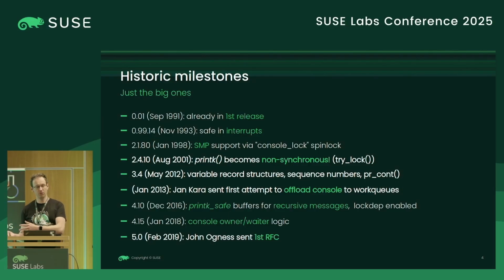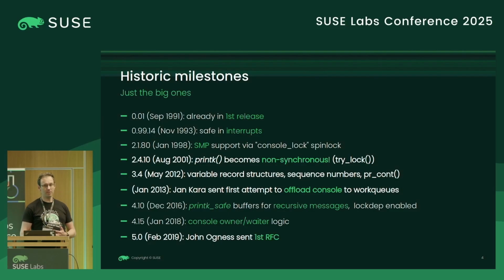This fixed the original problem and brought new problems, like that one CPU could spend basically unlimited time flushing the messages when the other CPUs keep it busy. It was not a problem at the beginning, so it took another 12 years until this problem became visible. And after the year 2010, there started to be many problems at the same time.